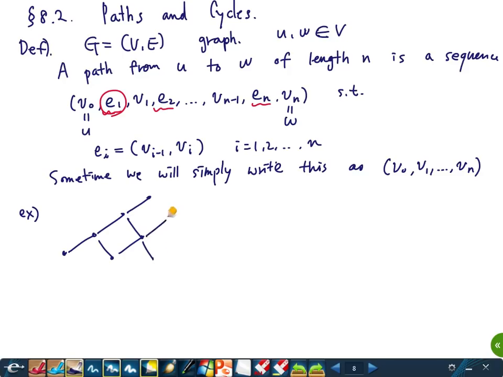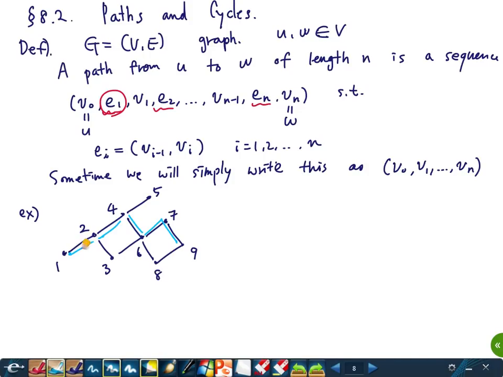We have a graph that looks like this, say with vertices 1, 2, 3, 4, 5, 6, 7, 8, 9. A path is really like a real path. Think of these as cities. There are 9 cities, and two cities are connected by an edge if it's possible to drive from one city to another, maybe using a highway. Then maybe you can go from city 1 to city 9 using these edges.